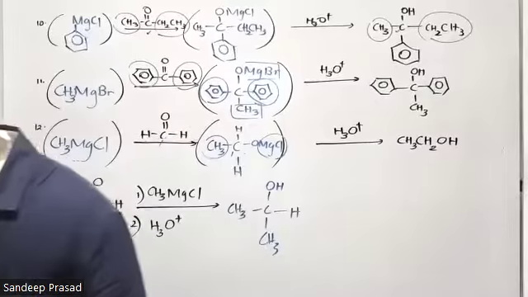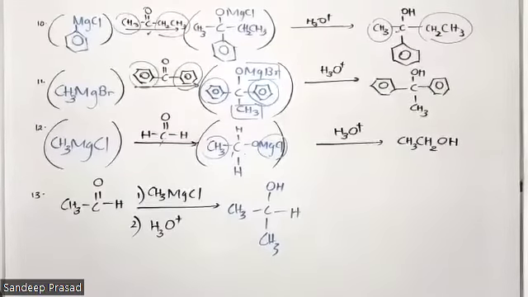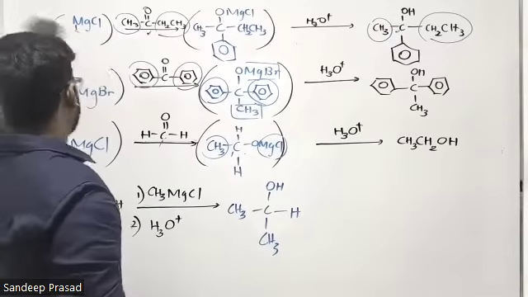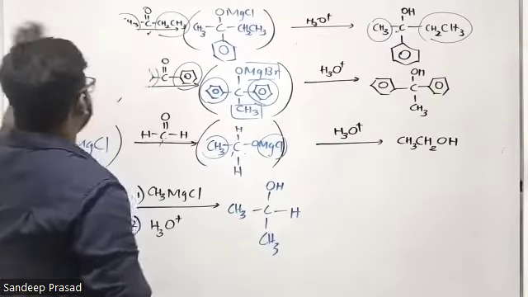Number 14. Now you should be able to write down the direct products. I'm going to write down number 1 and number 2. Direct products, right?